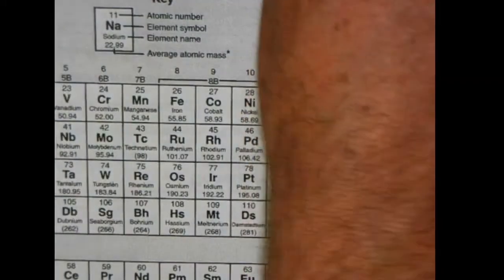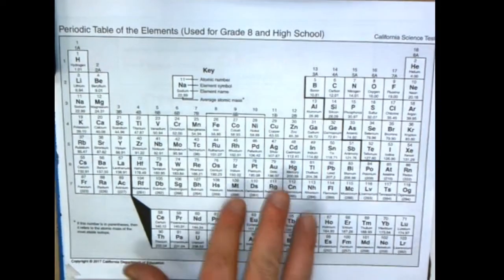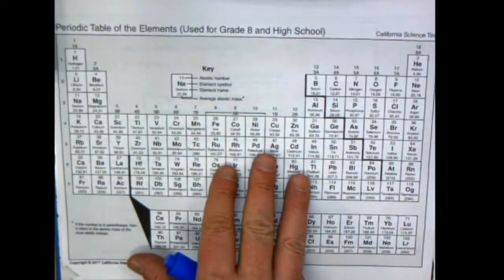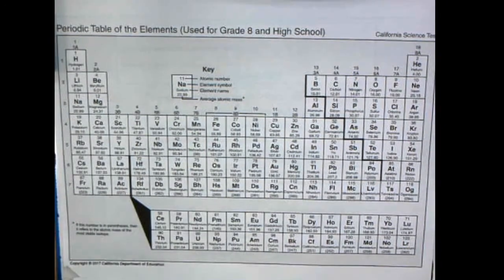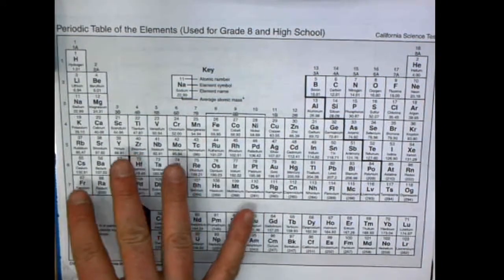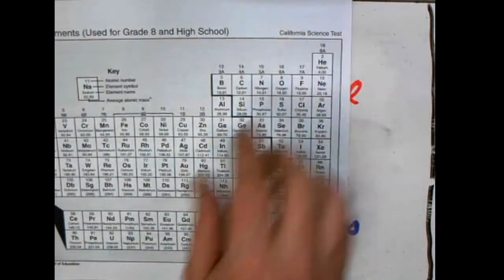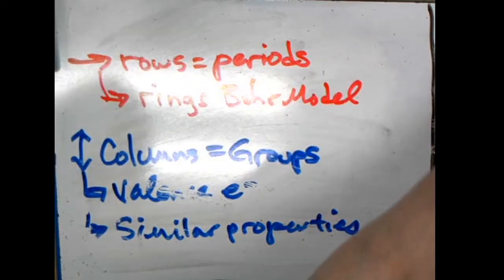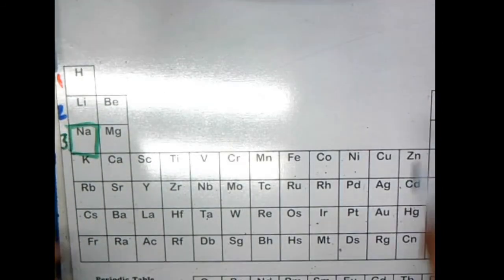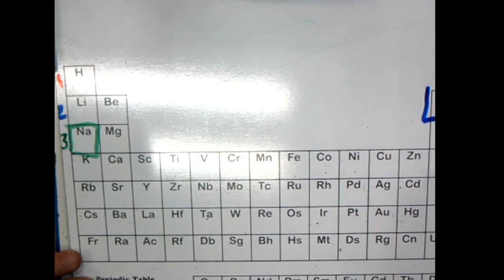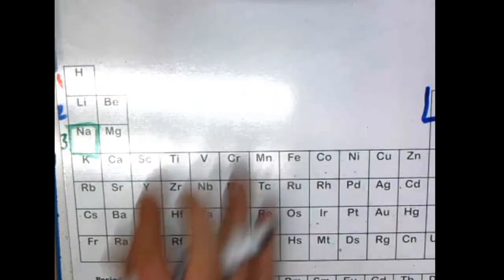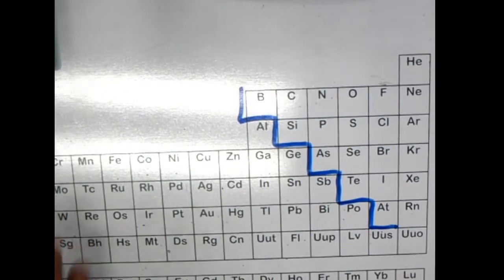And then the last thing to remember, and I hope that you guys do, is that on each one of these periodic tables, whether you're looking at one online or a paper version, you have this little staircase here. Maybe I can get my big periodic table. All right, there we go. So the staircase. Remember, the staircase means something.